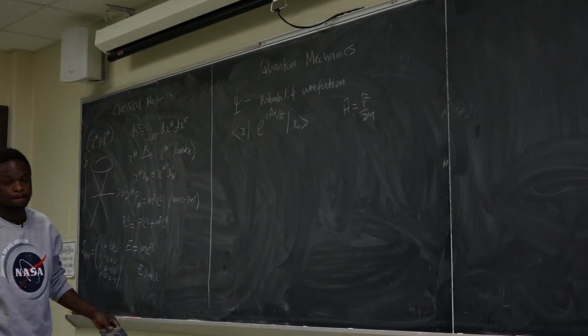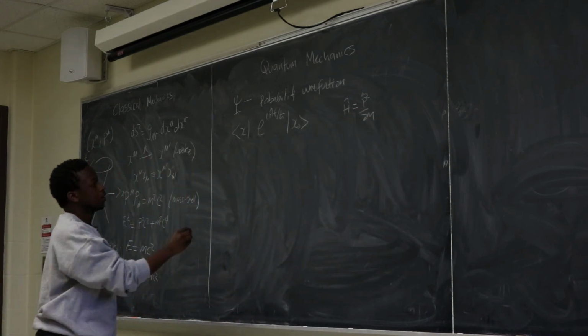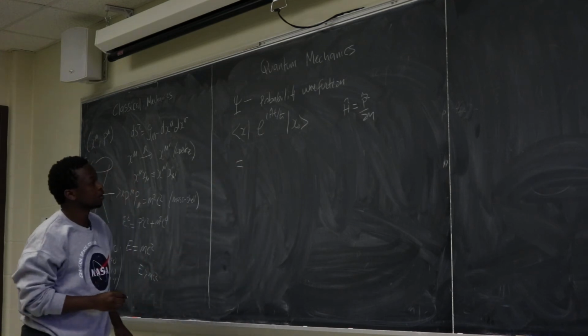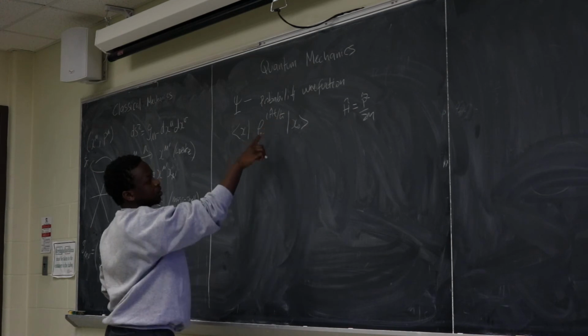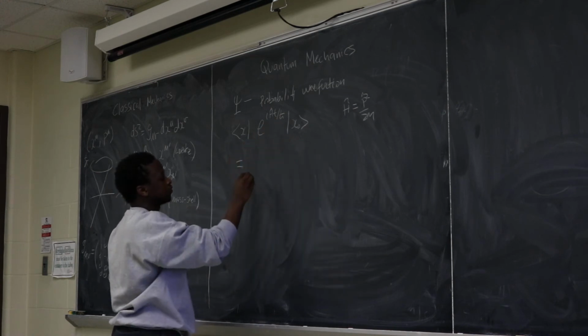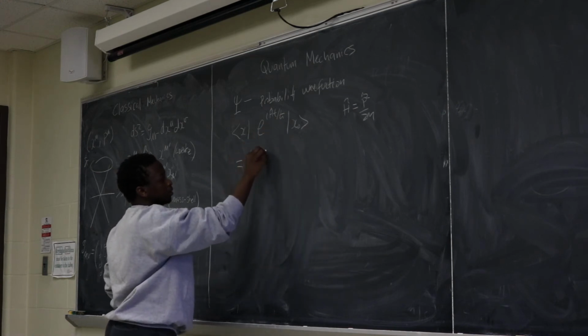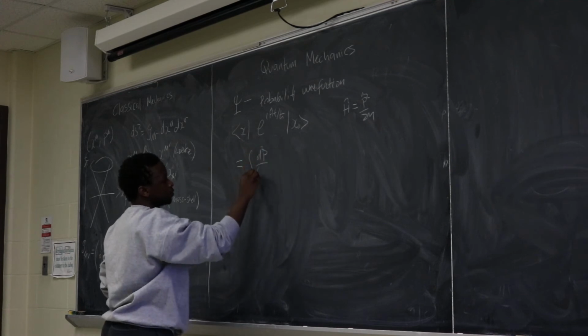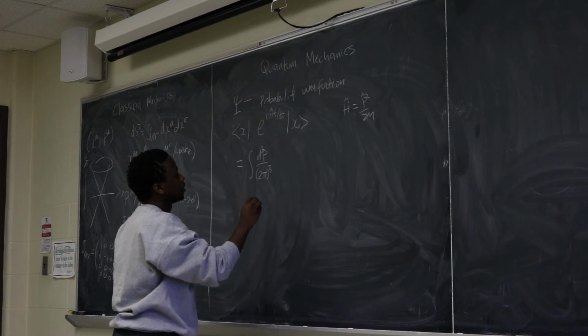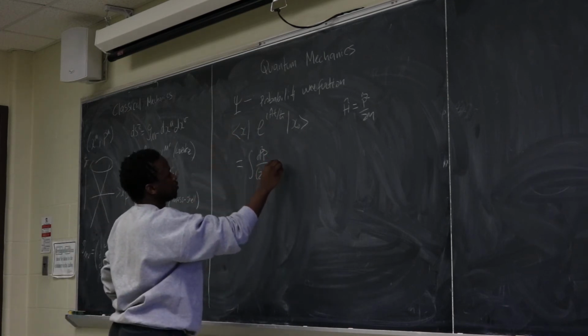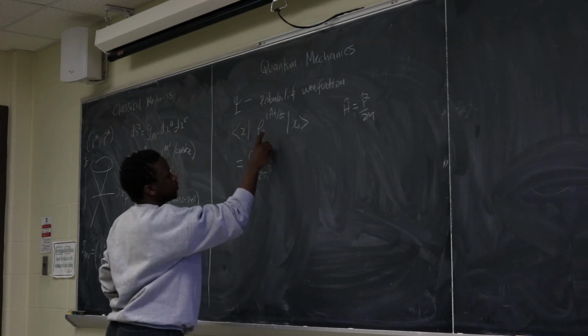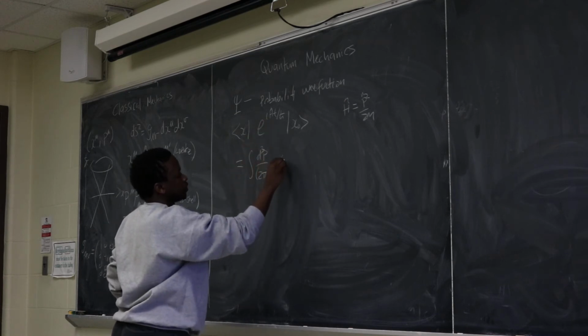We've seen this before, and if we do this calculation, as you can see here, we will need to insert the unitary operator here and here, so we'll have this.